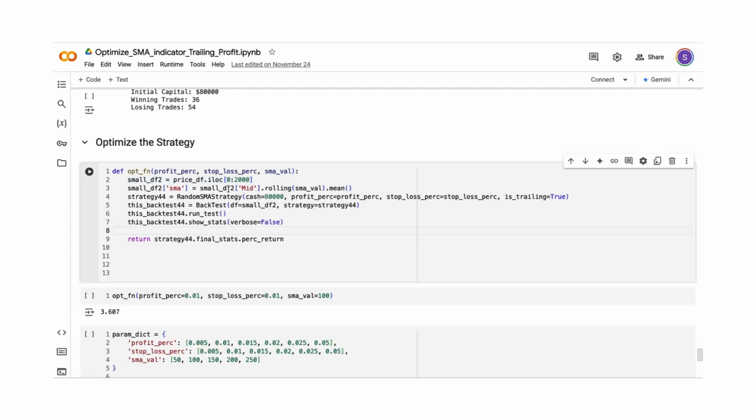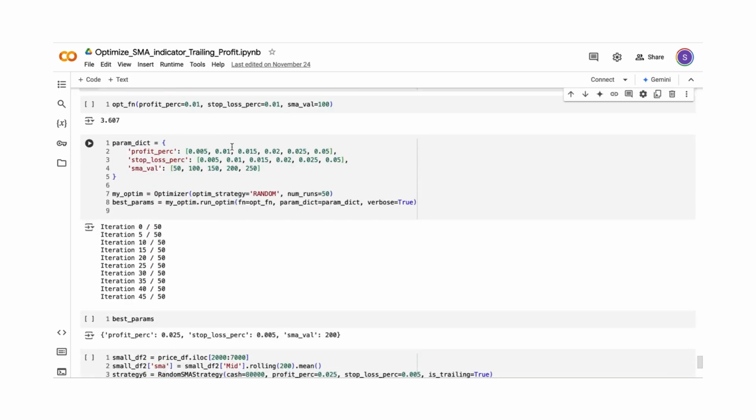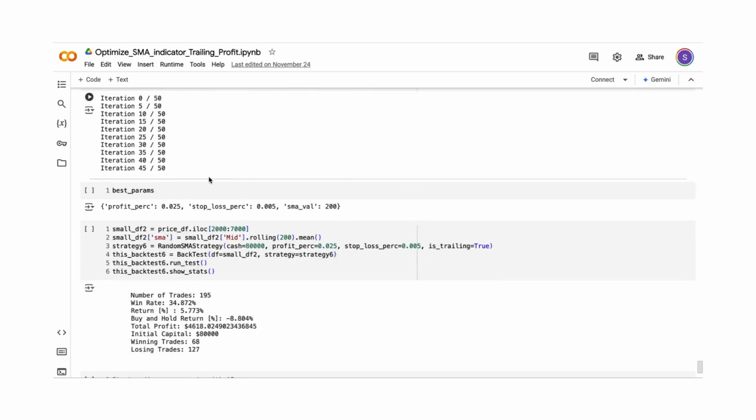So we use our optimizer. We're optimizing over three different things: profit percentage, stop loss, and the value of the simple moving average. And we use the trailing stop loss as true in the strategy here. Where does that get us? These are the parameters we use for optimization, and after only about 50 steps, we get these best parameters. This also makes sense intuitively.